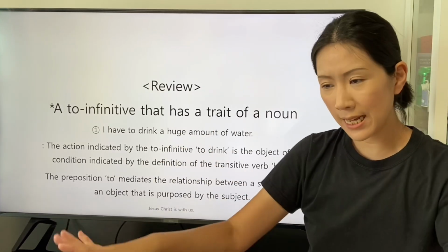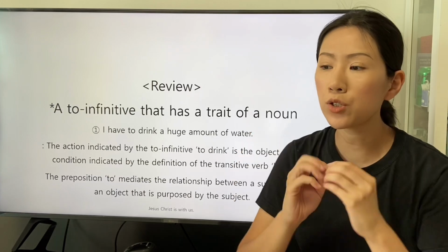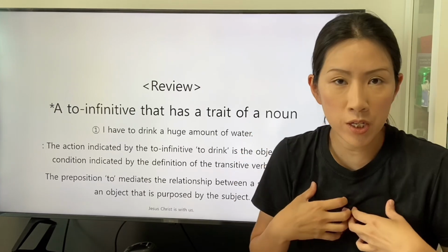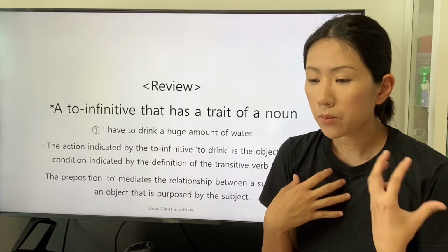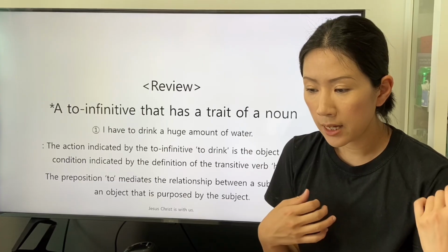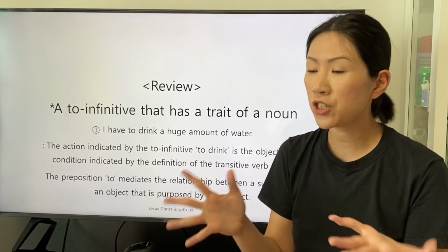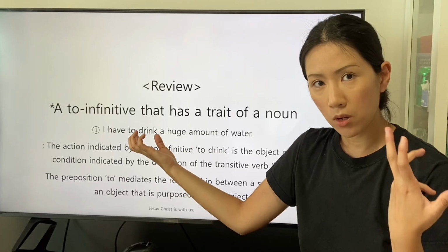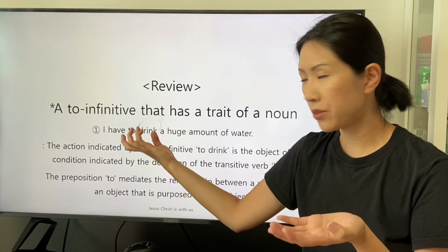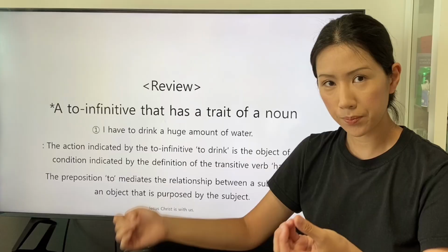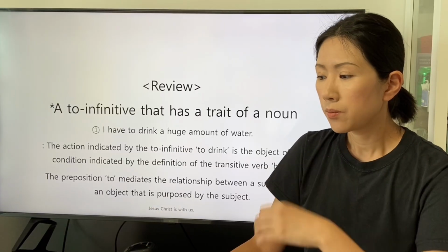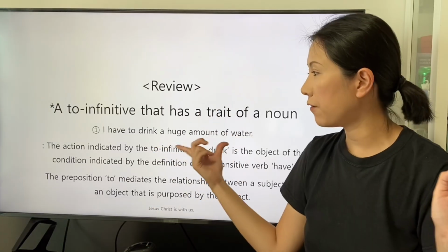This clause is interpreted in a way that the speaker is in the obligation to actualize the action indicated by the root infinitive drink.